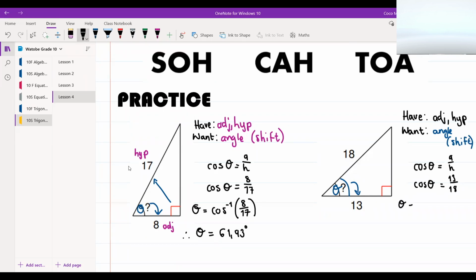So theta is equal to shift cos, which is arc cos of 13 over 18. Close brackets. Don't forget to close brackets. Therefore, theta is equal to 43,76 degrees.